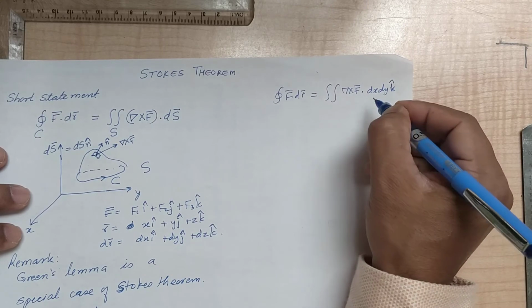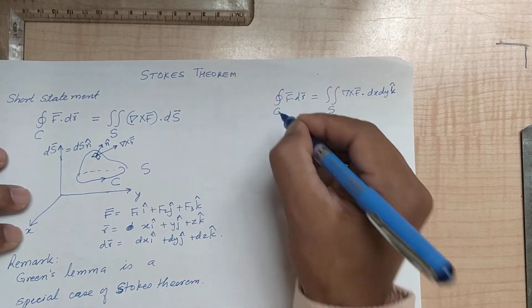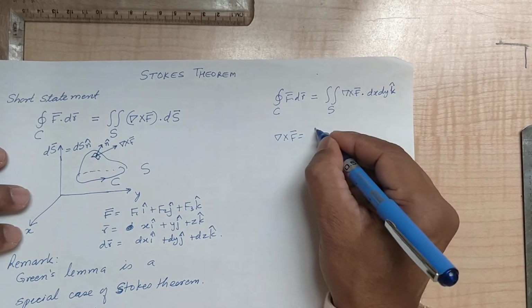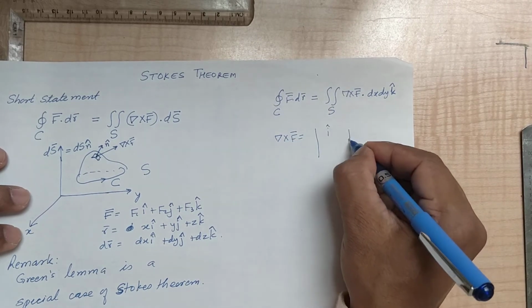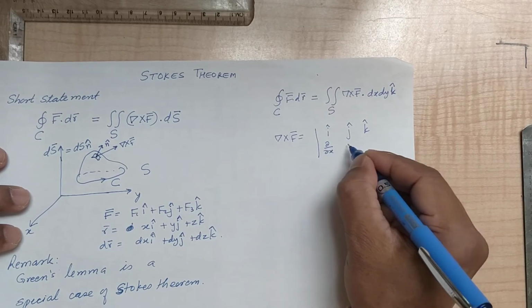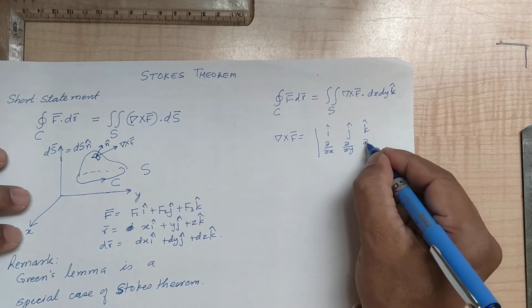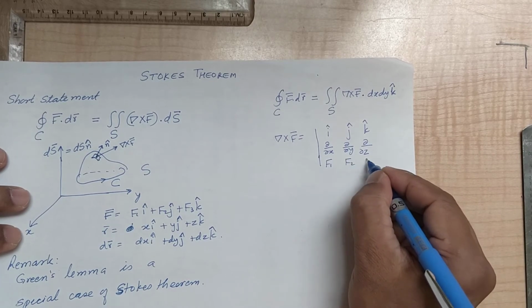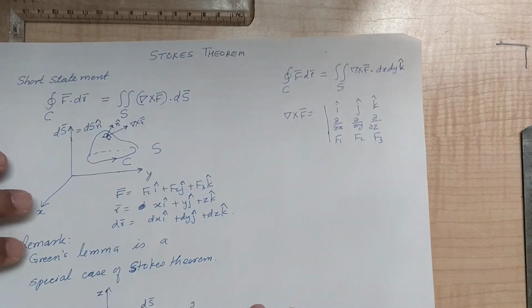K cap, that's what is happening. Okay, and del cross F bar, I can evaluate it this way: the determinant with rows F1, F2, F3.